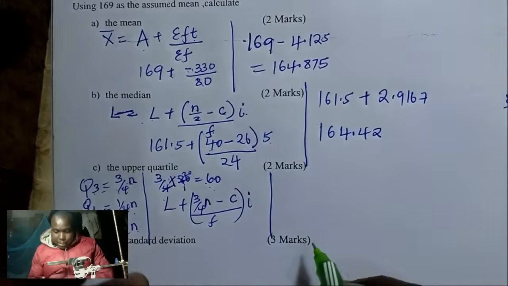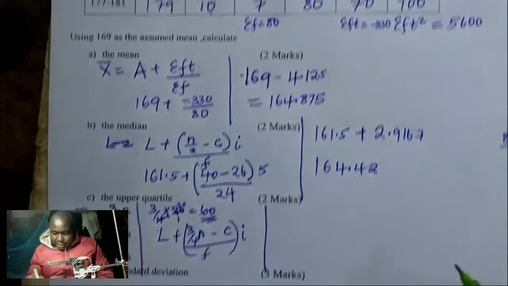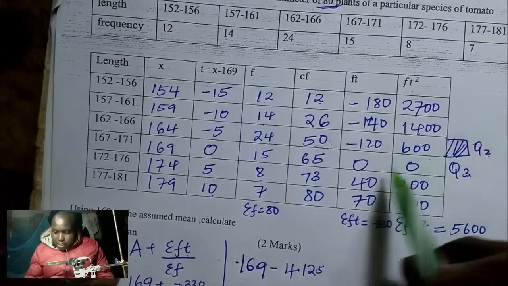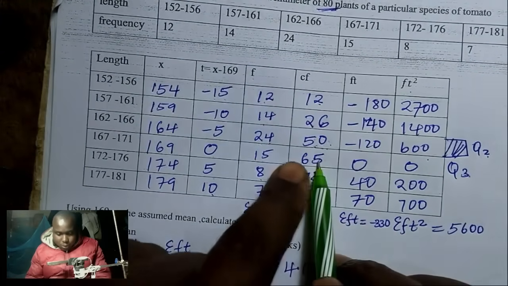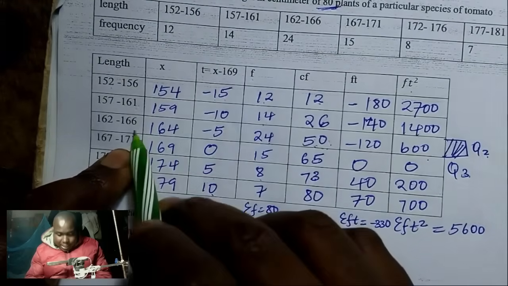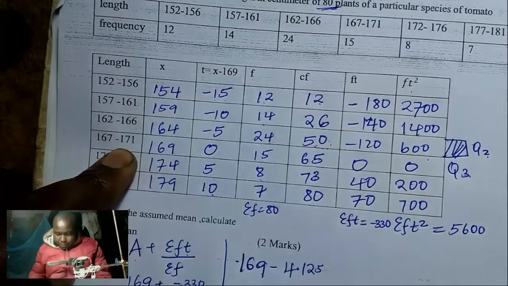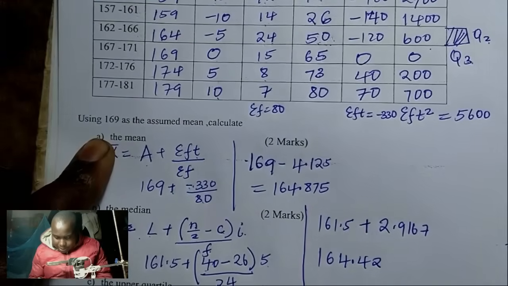Our L, we come here, so ours is found in 60. Tunakuja kwa table, tunaenda mahali kuna 60 kwa cumulative frequency, 60 iko kwa 65. Kwa hivyo unarudi hapa. So our lower limit is 166.5. So our L is 166.5.